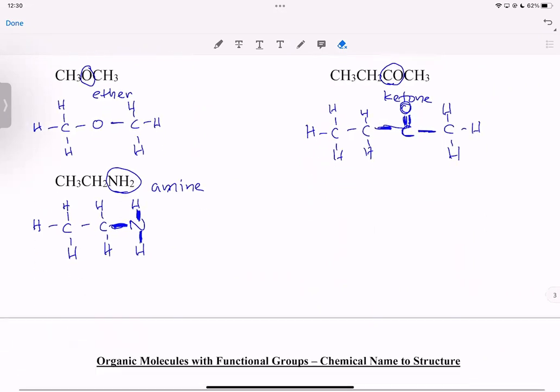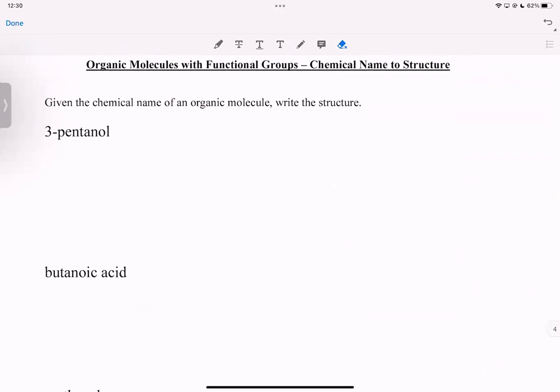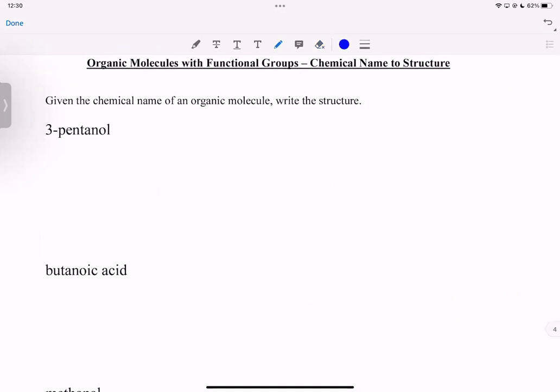Okay, and then let's take a look at this last one. When you have the name of the organic molecule, you can write the structure by basically picking out all the parts, just like we did when we had the structures last time with branches. So what we'll have this time, though, is the name endings, which indicate a functional group.